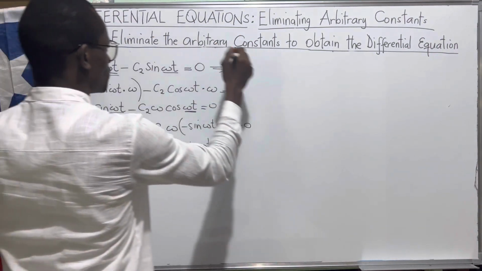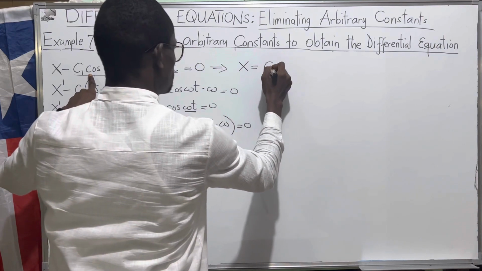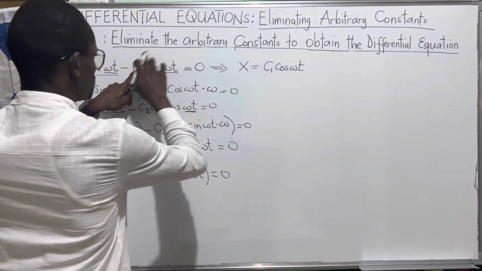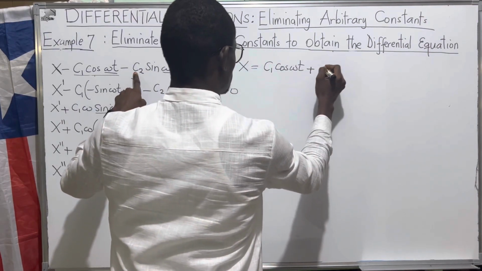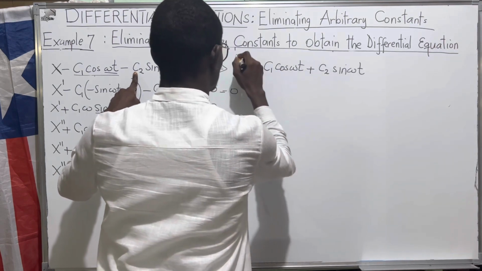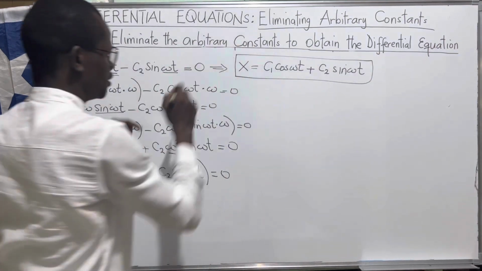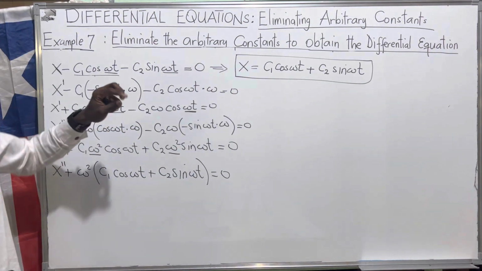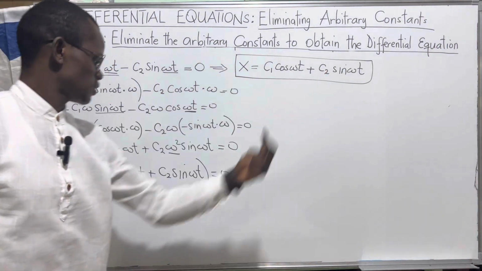If we send this term across, it becomes c1 cos of omega t. We send this term across, it becomes positive c2 sine of omega t. So what do you observe? You observe that we have gotten a single variable for these two terms.